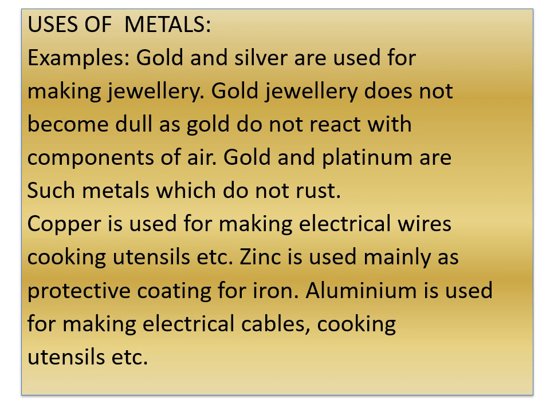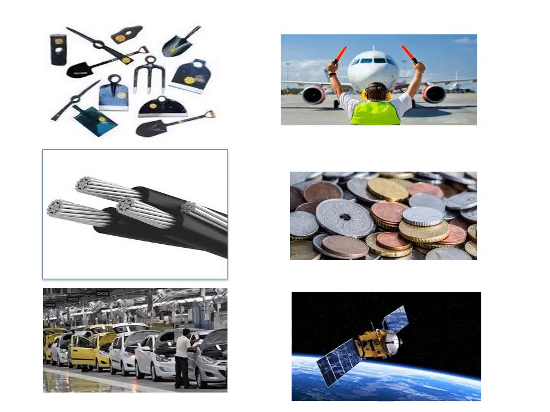I hope you have understood the use of metals. If you are seeing the picture, you got a picture related to the tools made of iron, agricultural tools, aluminium cables, automobiles, different varieties of cars, satellites, coins made of different materials. It may be an alloy or individual material. And next, aeroplanes.